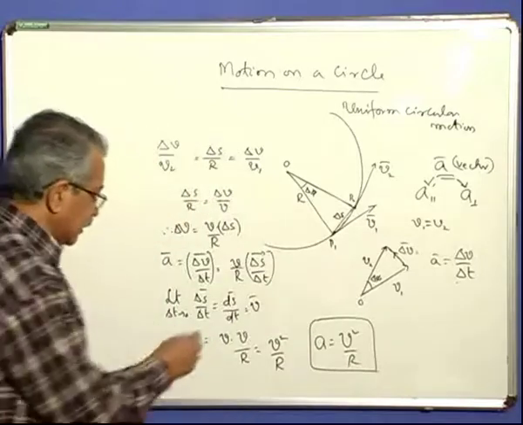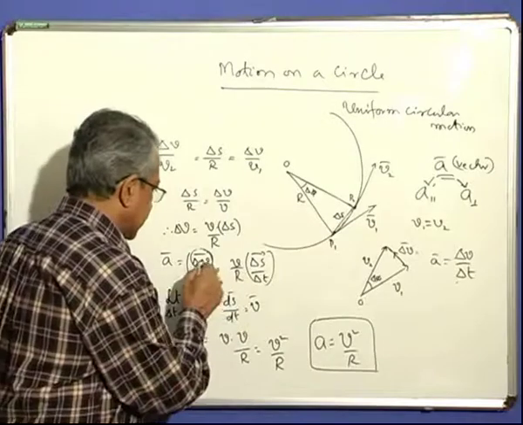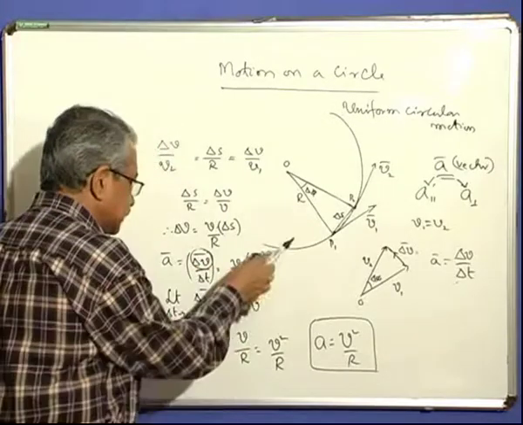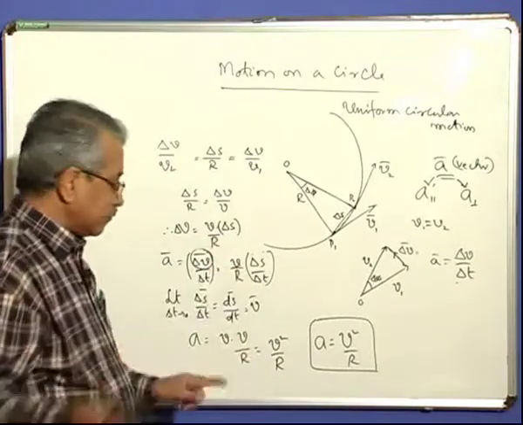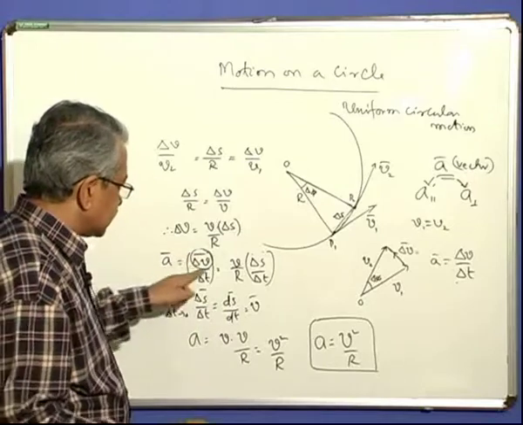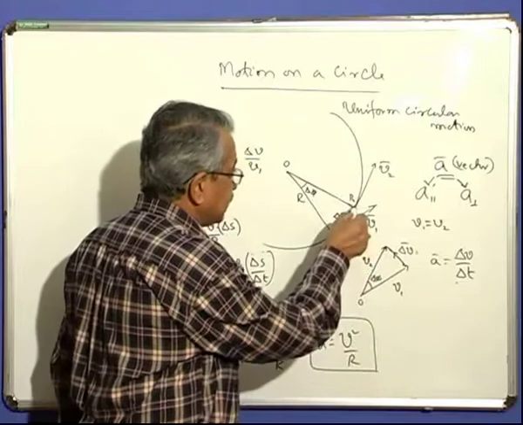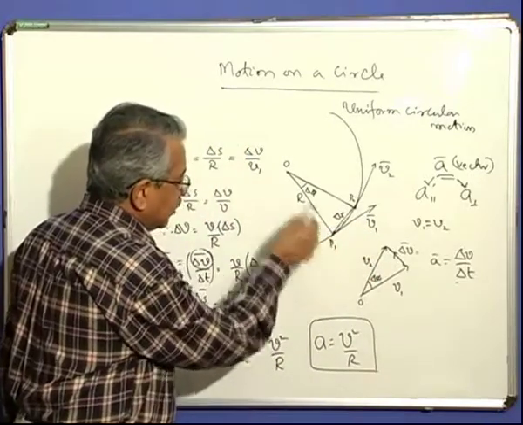What will be the direction? As I told, the direction of the acceleration will be along the direction of change in velocity. This is not the displacement, this is the velocity direction here, whereas this is the change in velocity taking place like this. In the limit when P1 is very close to P2, the delta v will be along the radius itself.